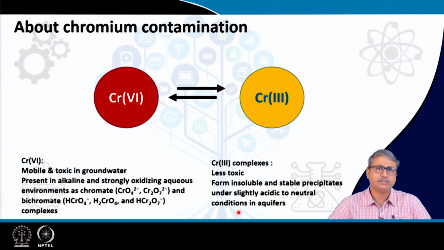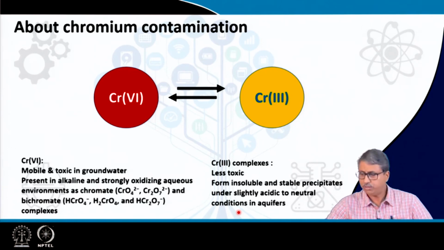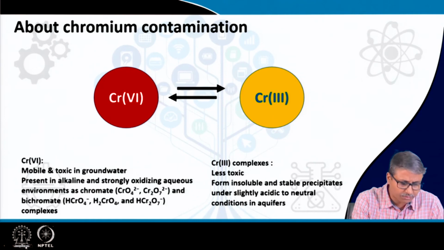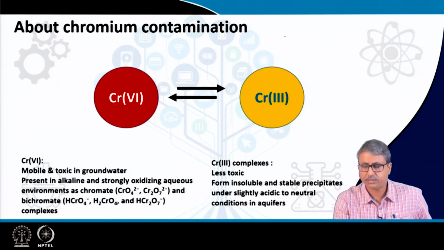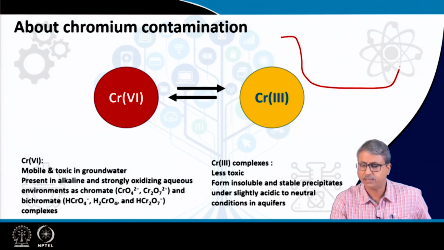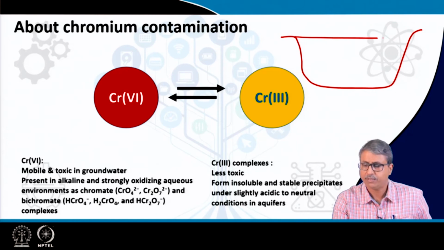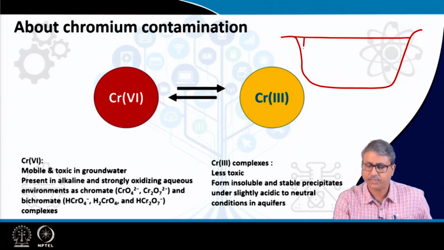So, what does that signify? It signifies that chromium 6 is very much soluble. Let us take an example and quickly look at the scenario. Let us assume that this is an underground situation and this is the depth.